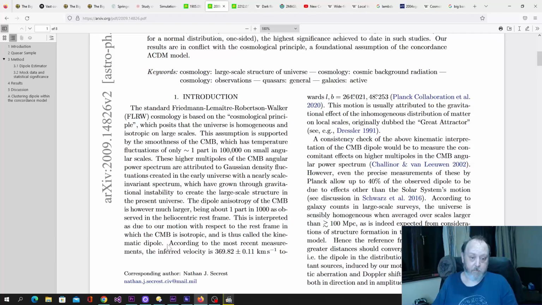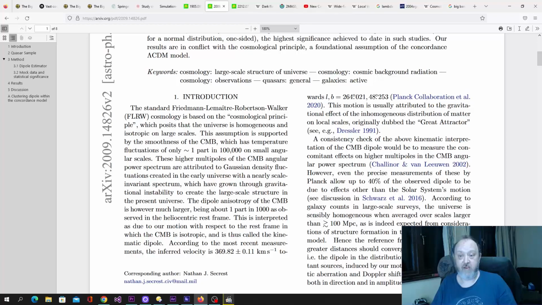And the specific speed of the doppler shift, according to the most recent measurements, the inferred velocity is 369.82 plus or minus 0.11 kilometers per second towards l, b equal, so we've got some coordinates in the sky. That's really in the direction of the constellation Leo, towards the Great Attractor.